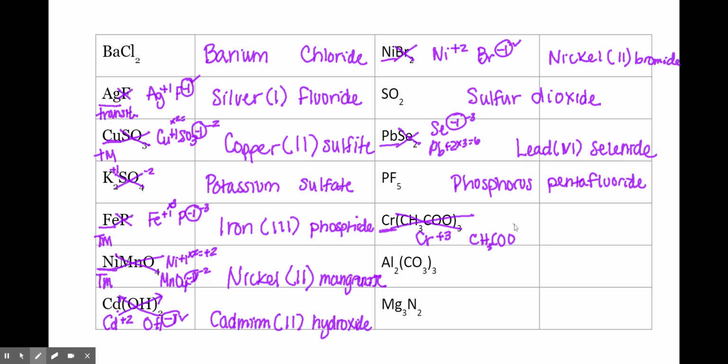That's acetate. If I look on my polyatomic ion sheet, acetate is at -1. It is indeed -1. So we write chromium 3 acetate.